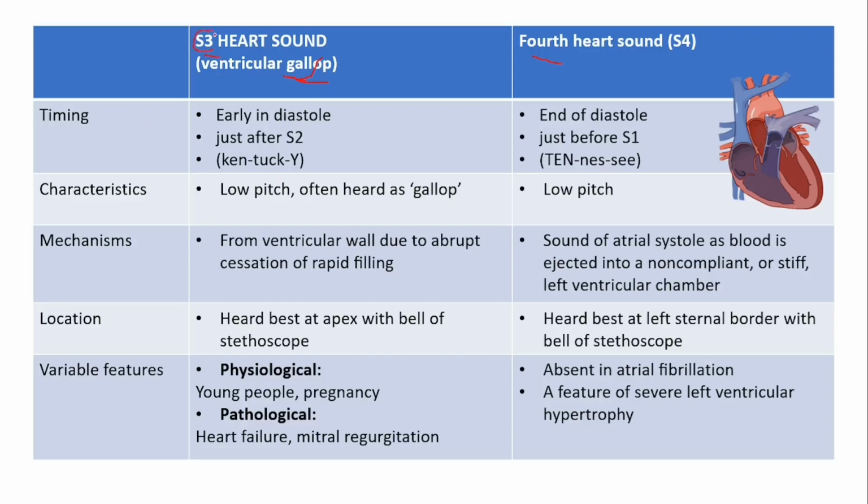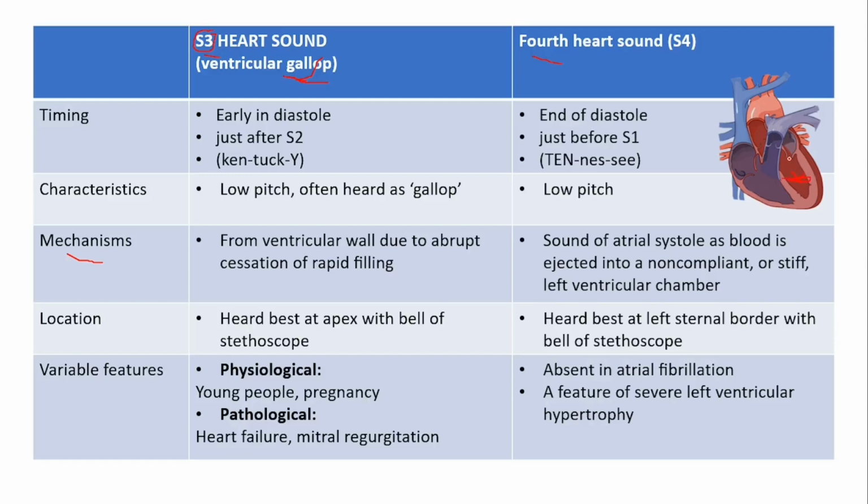how is the S3 sound produced? What is the mechanism? Normally when the mitral valve opens, the blood rushes into the ventricle, but during heart failure there is also some residual blood during the diastole.